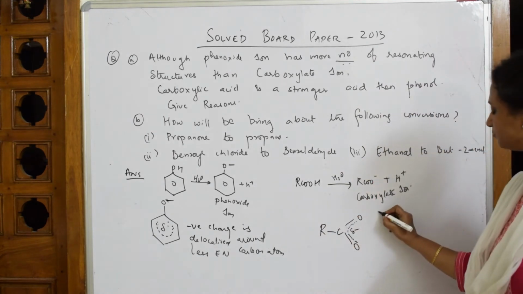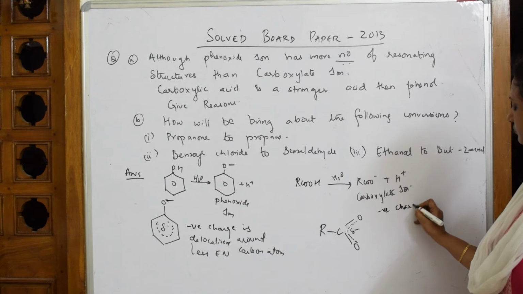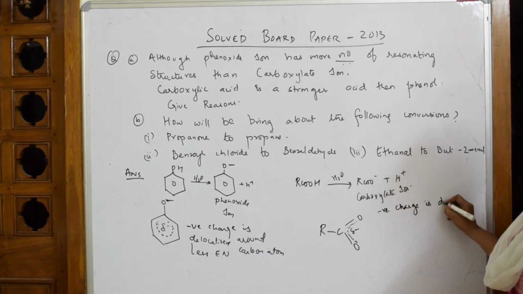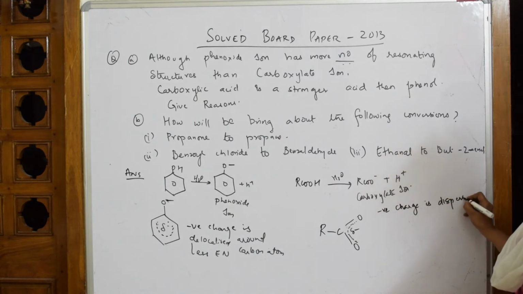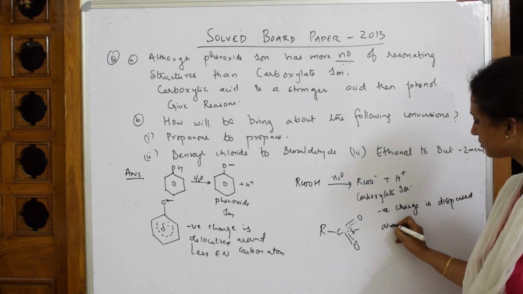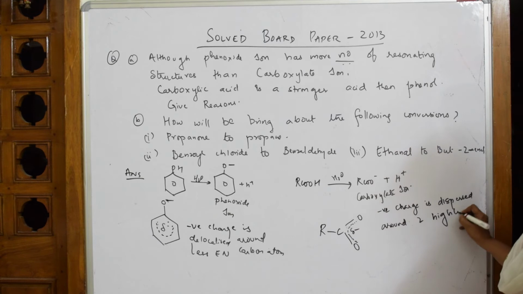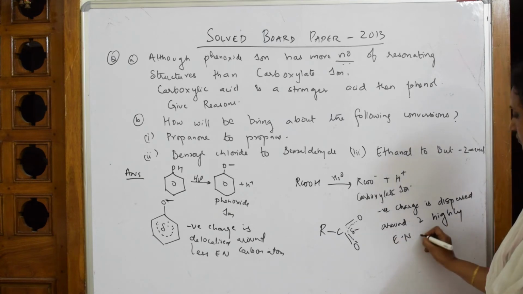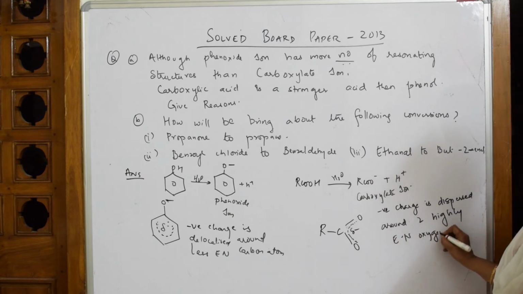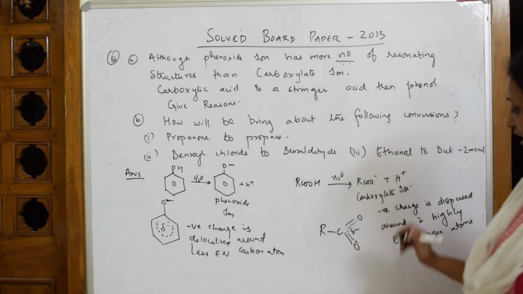So write down: negative charge is dispersed around two highly electronegative oxygen atoms. When it is dispersed between two electronegative oxygen atoms, what will happen?